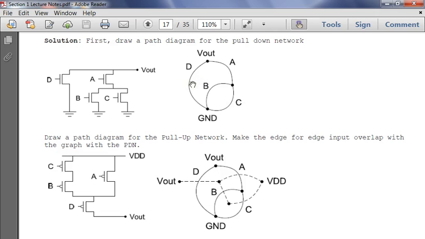So you can do D, A, B, C, or D, A, C, B, right? The first one you're going to want to do for red is D, then A, C, B. So that's how that stage is done.